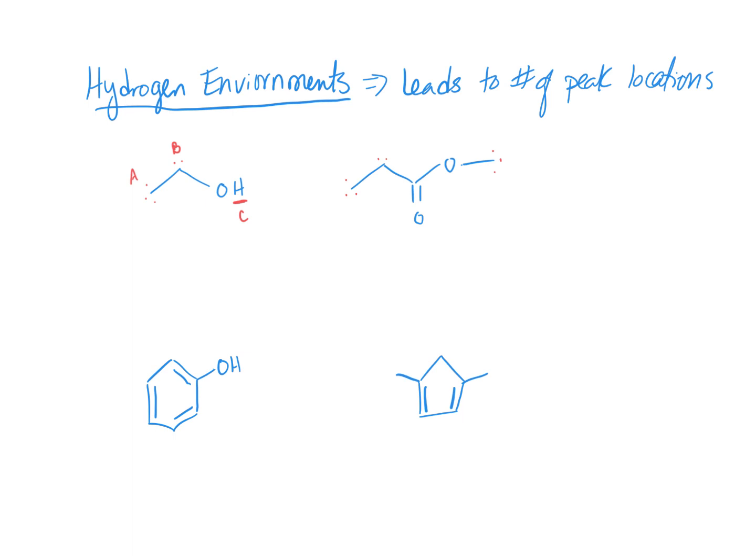No, they are not. Because this oxygen exists next to the ones on the right, whereas the ones on the left do not have that. So this would be environment A, this would be environment B, and this would be environment C in this case. So there's still 3 different types of hydrogen. That's not necessarily the case for everything.